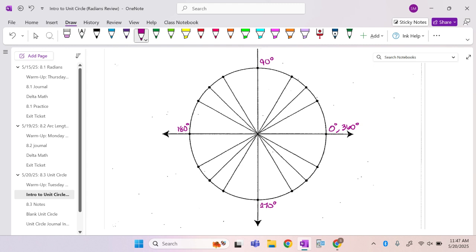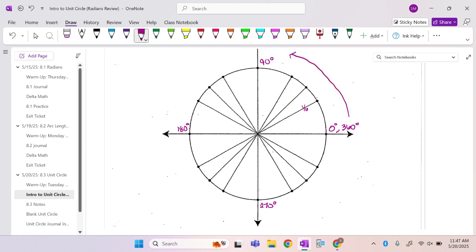So let's talk fractions. What is the smallest fraction between the three that we talked about? A fourth, a sixth, or a third? Which one's the smallest? A sixth is the smallest. All right, so if a sixth is the smallest, that means my first line away from here is 1/6. So this is 1/6 away. So what's my degree if it's 1/6 away?